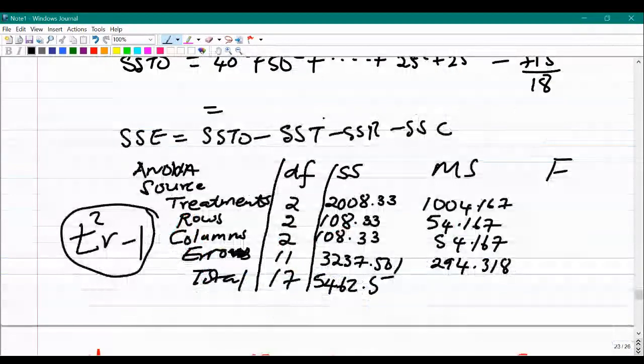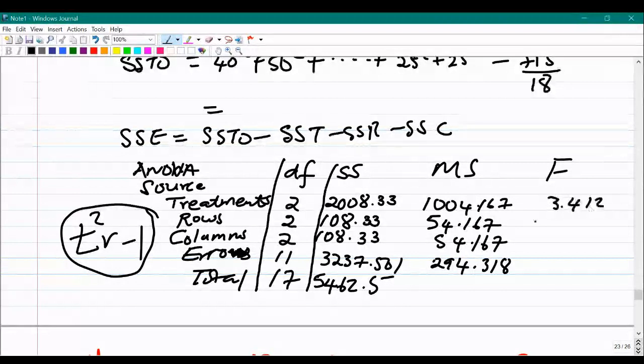Continue. F for treatment is 3.412. Then for this one is 0.184.